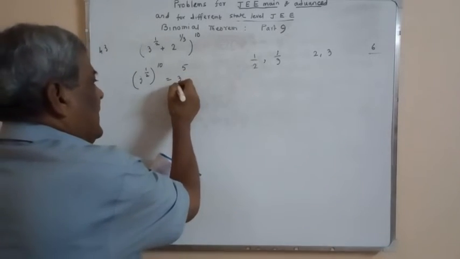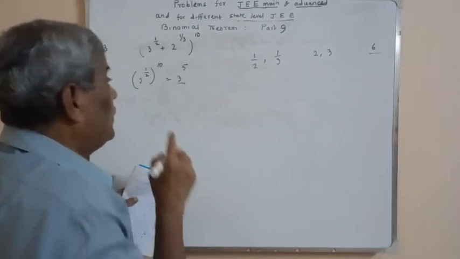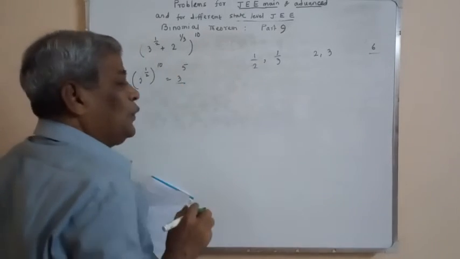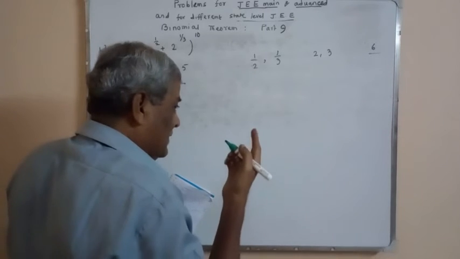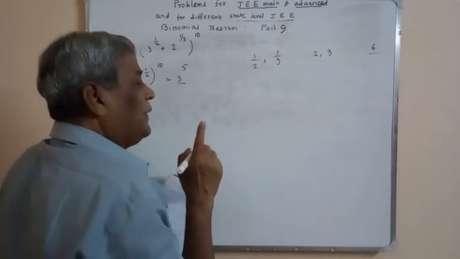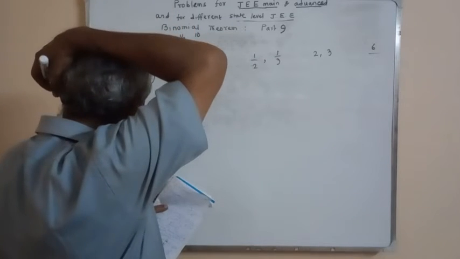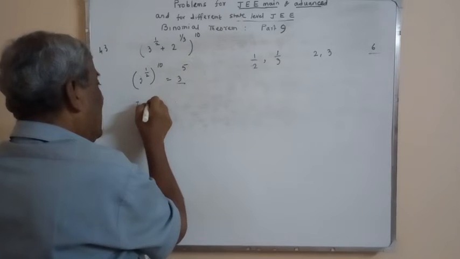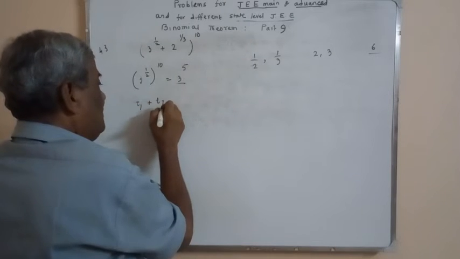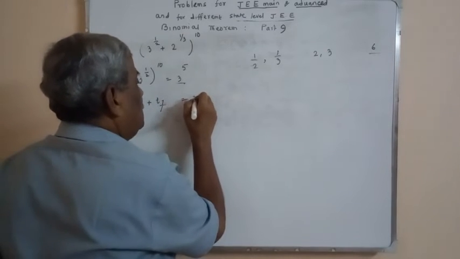After 6 terms, it will be an integer, so the 7th term will contain an integer. After that, the 13th term will be an integer, but it has no 13th term. So the required expression is T1 plus T7. T1 is nothing but that 3 to the power 5.